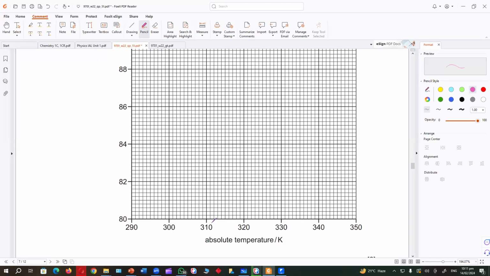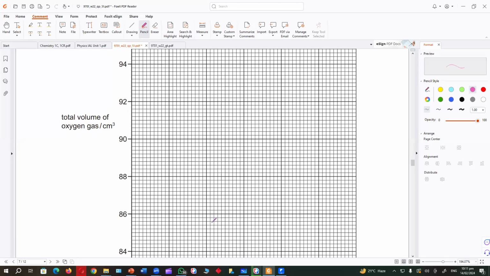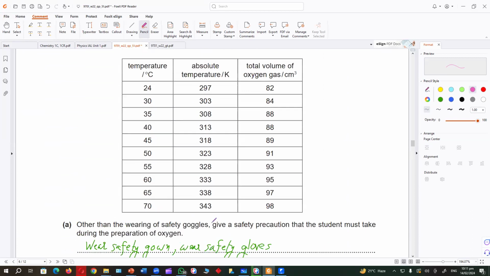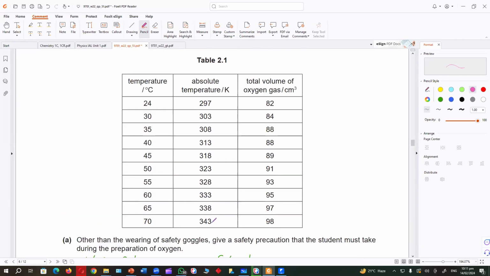Can you repeat? Total volume of oxygen gas. It's 297 and 82. Absolute temperature, 24 and 297, right?